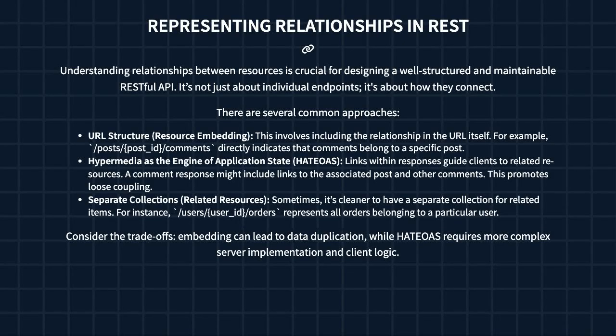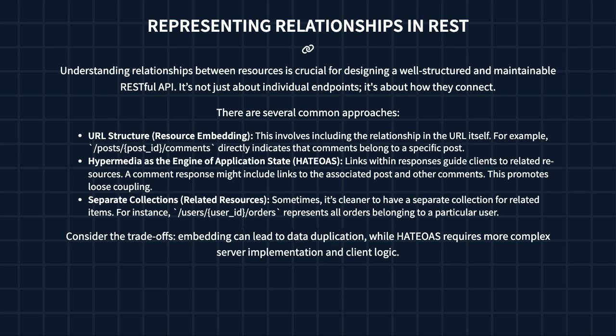Okay, let's talk about how we represent relationships between resources in RESTful APIs. It's important to think beyond just individual endpoints. It's about creating clear connections. One common way is through the URL itself, embedding the relationship directly within the path, like /posts/post-id/comments.